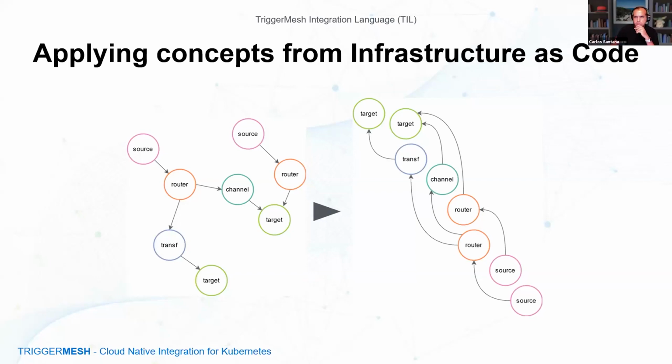What that means concretely is that we can observe that a certain source is sending an event type to a target, and we can check if the target actually accepts that. Or we can, for example, ensure that when an event goes through a transformation, a certain event type is transformed to a different event of a certain type. We can check that this is also consistent across the system.